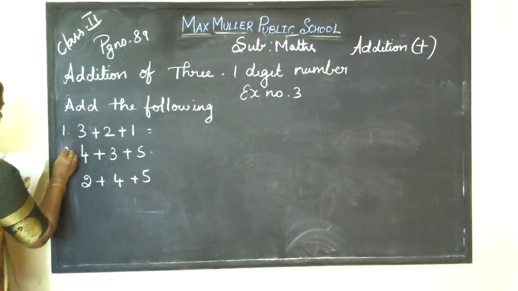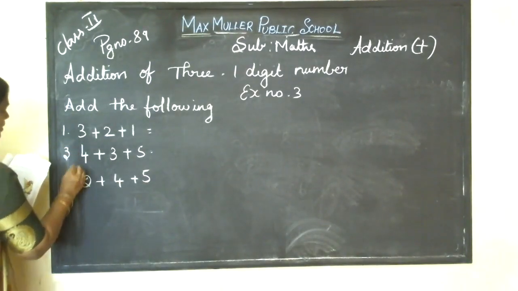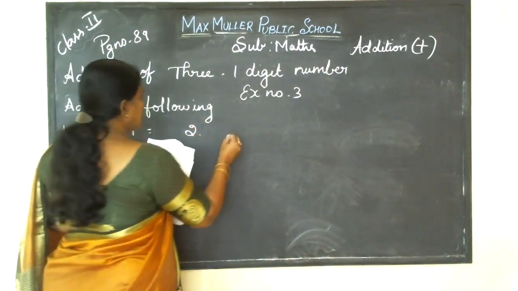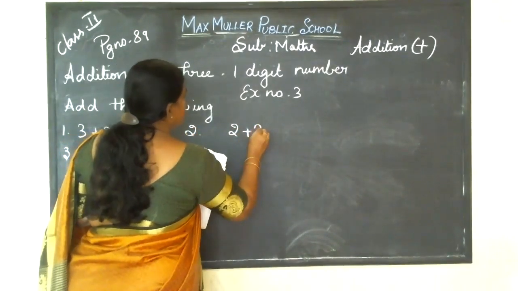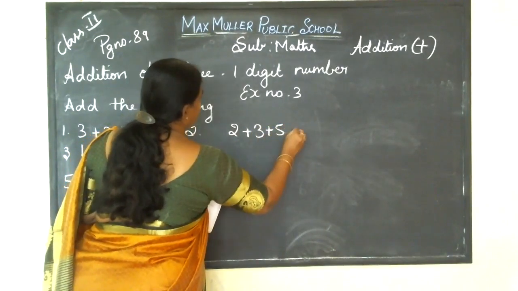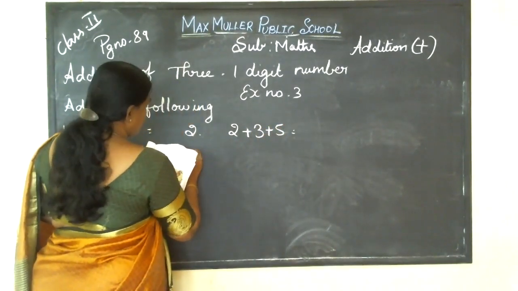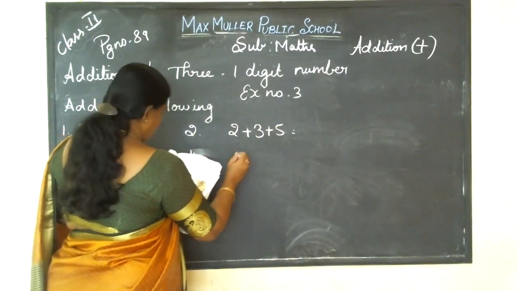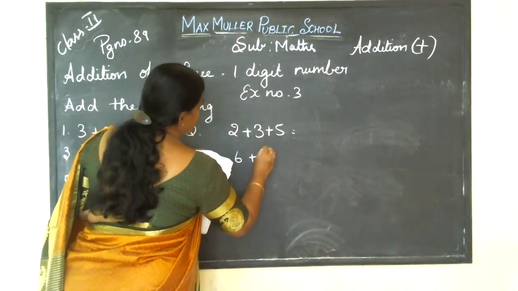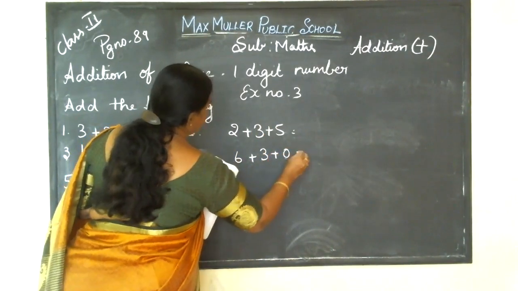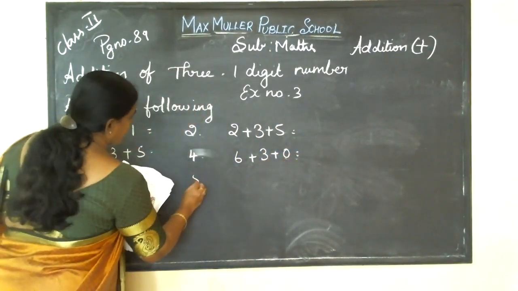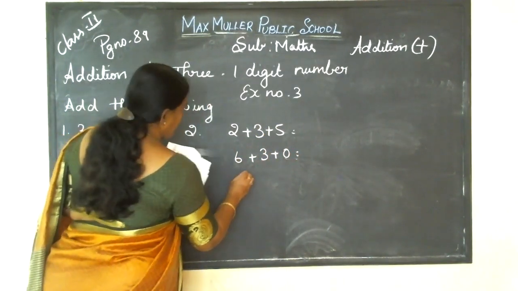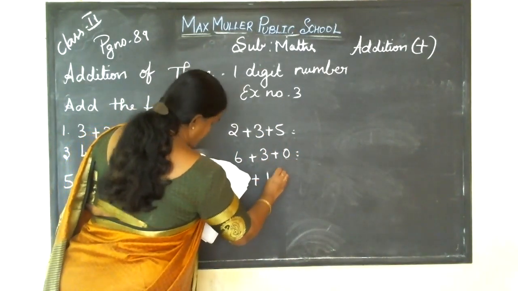This is the third one. This is the fifth one. Now the second one I am writing here: 2 plus 3 plus 5. Here, fourth one, 6 plus 3 plus 0. Nine plus 1 plus 2.